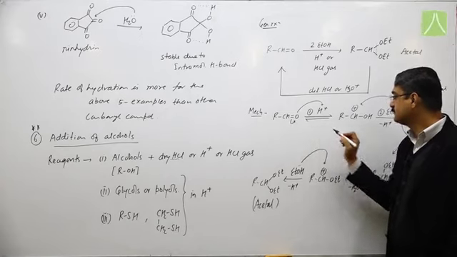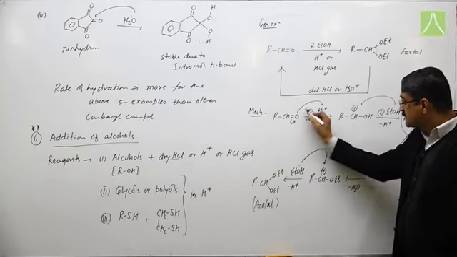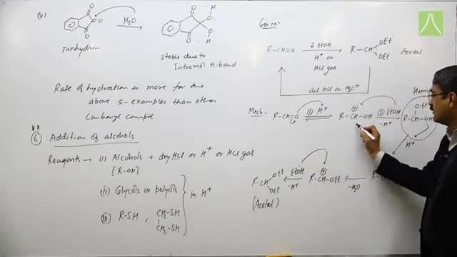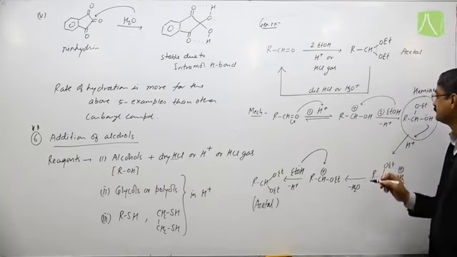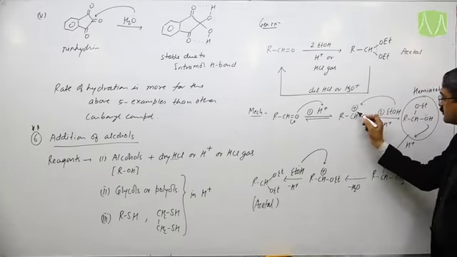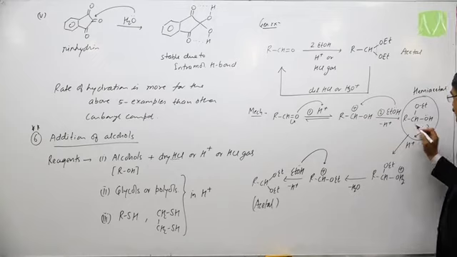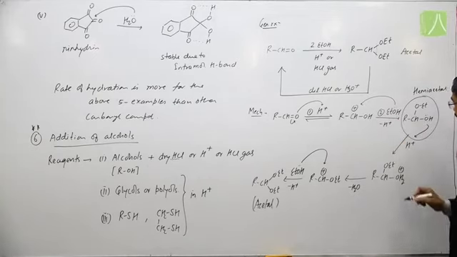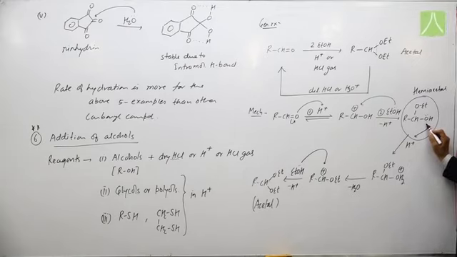Mechanism. In the first step, H plus adds to the oxygen, and a carbocation is formed. EtOH attacks the carbocation, because EtOH is a weak nucleophile, so it waits till the carbocation is formed. The first intermediate formed is hemiacetal.